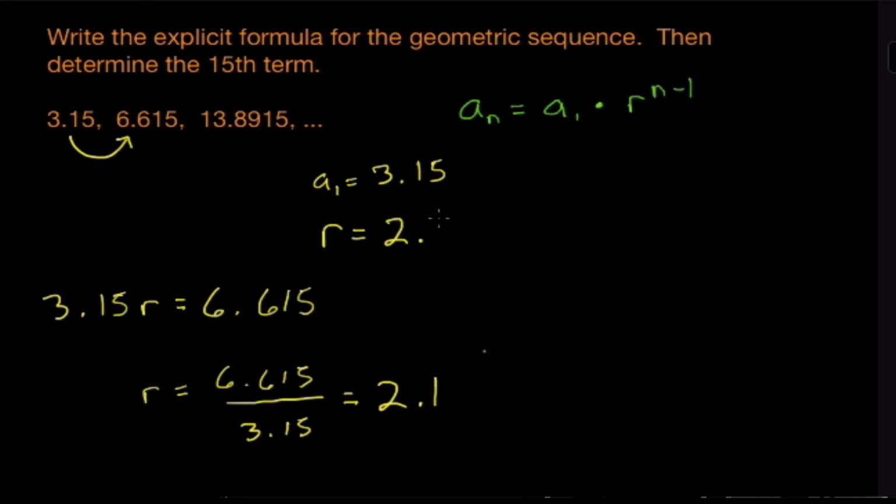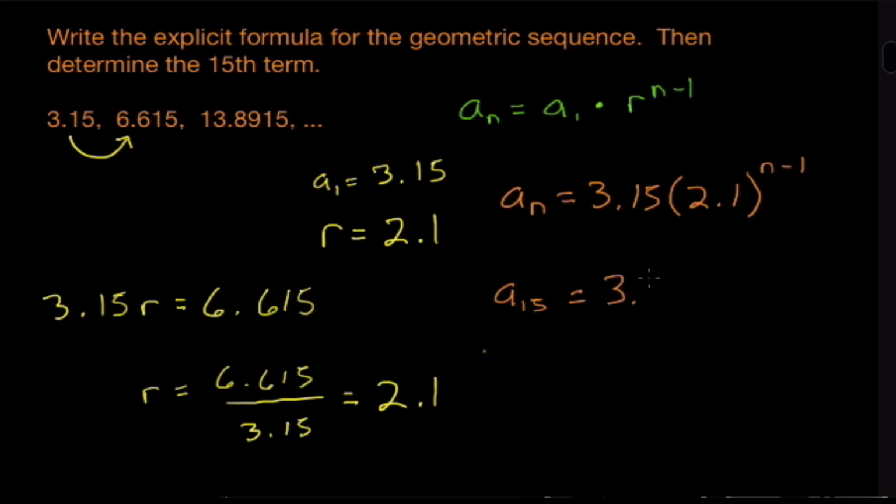So I feel comfortable using that in our explicit formula. That's easy to work with. So our explicit formula is going to be a sub n equals our first term 3.15 times 2.1 raised to the n minus 1 power. Now if we're looking for the 15th term, then A15 is going to equal 3.15 times 2.1 raised to the 15 minus 1, which is the 14th power.